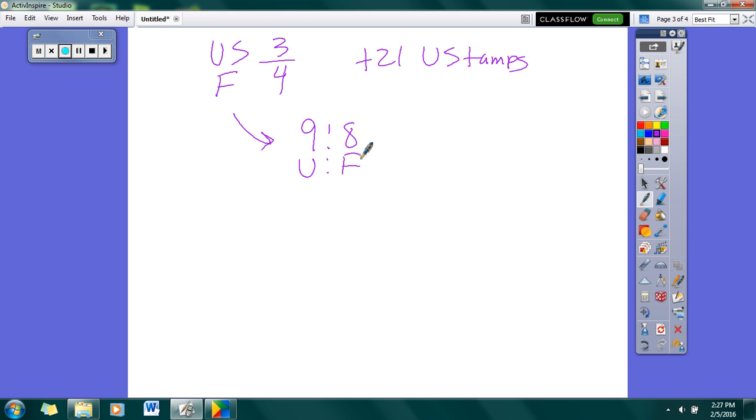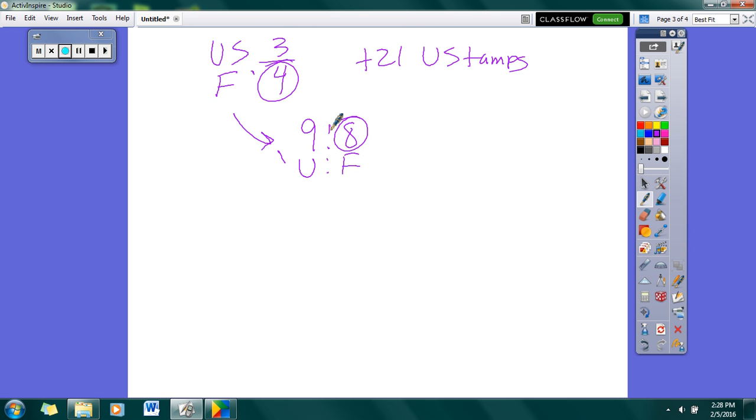So I want to think about this. What did not change? Because I know when I changed from this ratio to this ratio, I added something. But I only added U.S. stamps. I did not add foreign stamps. So I know that 4 should be equal to 8 because it never changes.